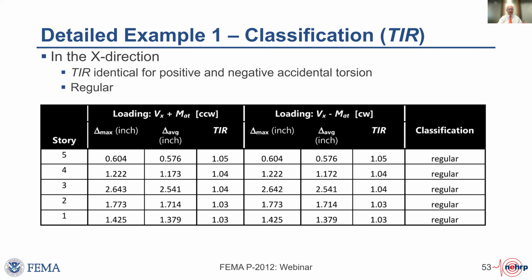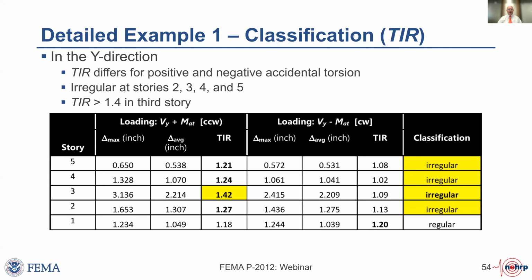So in the X direction, we see that things are regular, but in the Y direction, when we have a counterclockwise accidental torsional moment, that amplifies along with the inherent torsion, and we see that we have irregularity in the top 4 stories of the building, with the worst irregularity being in the 3rd story.